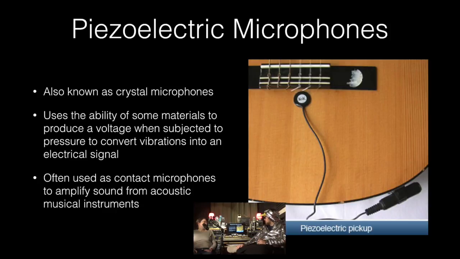What you're showing here is picking up the vibration of the guitar body itself, and that's what these are usually used for. They're usually used to pick up acoustic musical instruments to amplify the sound. They pick up the vibrations, but they're not converting air. That's the difference. They're converting vibrations, not picking up air vibrations. They're picking up vibrations off of a wood panel or plastic panel.